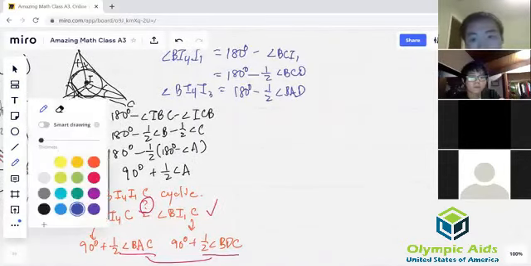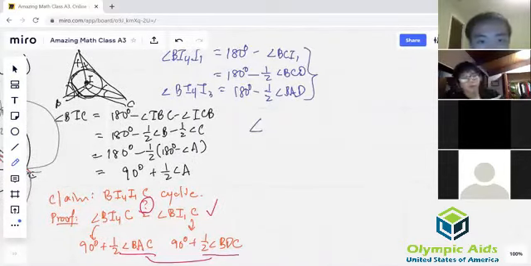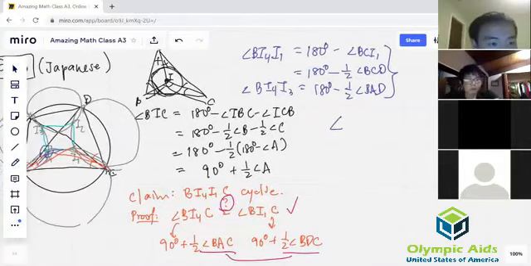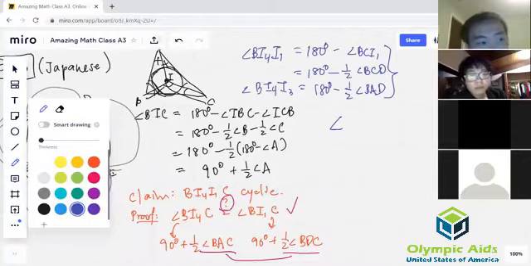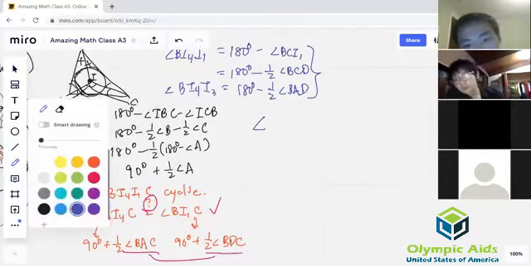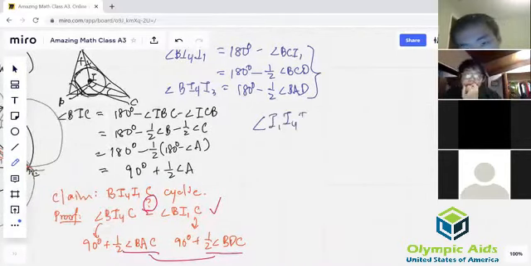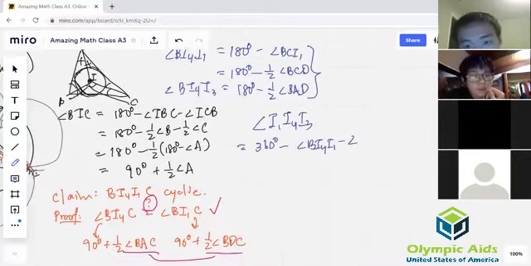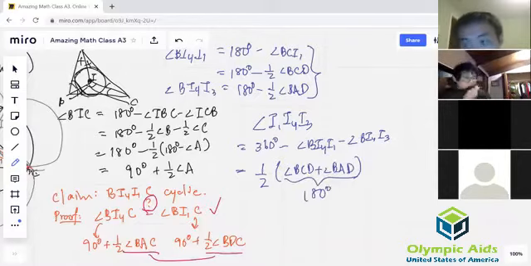And now if we combine these, we'll get that the angle we were looking for, angle I1, I4, I3 is equal to 360 degrees minus these two angles combined, angle BI4 I1 minus angle BI4 I3, which is actually equal to, the 180s cancel here, so this is actually equal to 1/2 angle BCD plus angle BAD. And we know that this is equal to 180 degrees by the cyclic quadrilateral. So we know this is equal to 90 degrees.